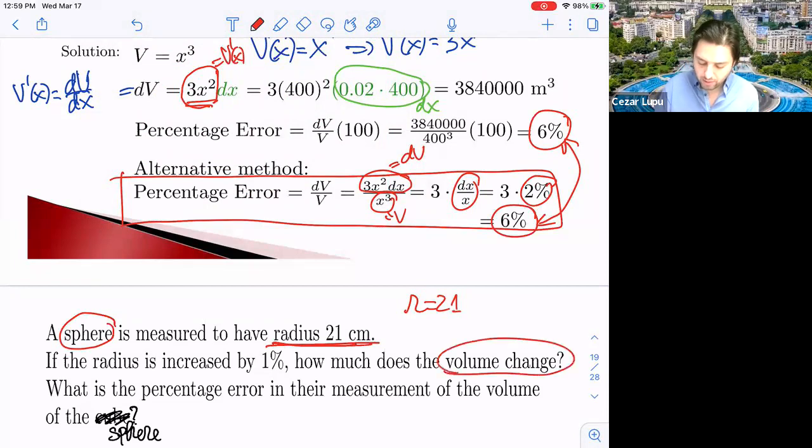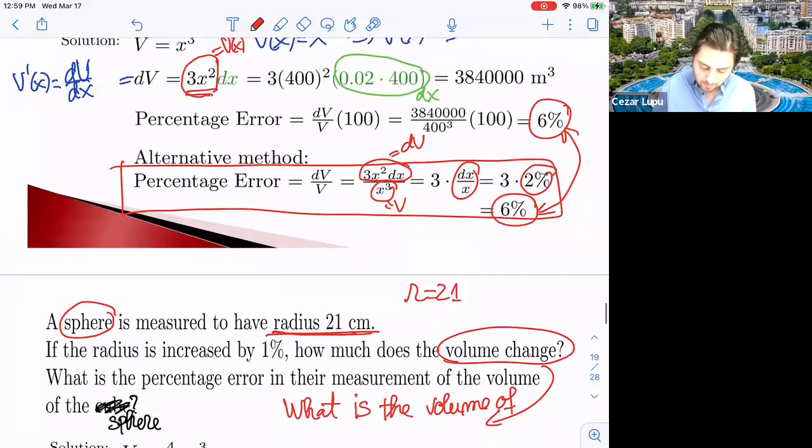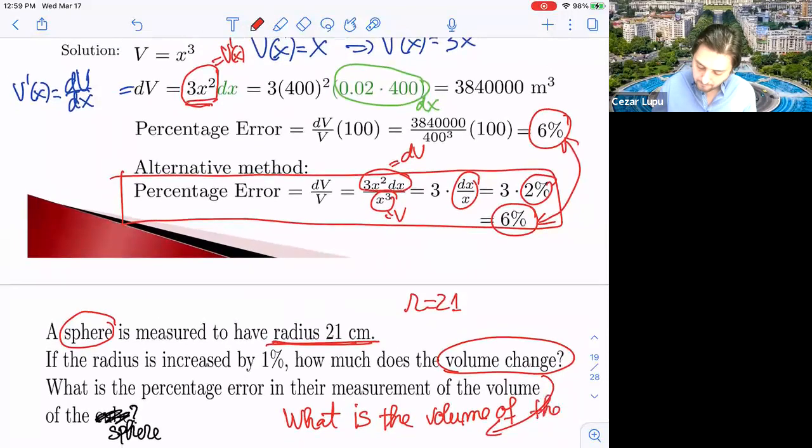Once we deal with the volume, we need to know what the volume of the sphere is. So what is the volume of the sphere? We need to know that. So we need to answer this question. And also, what is the percentage?